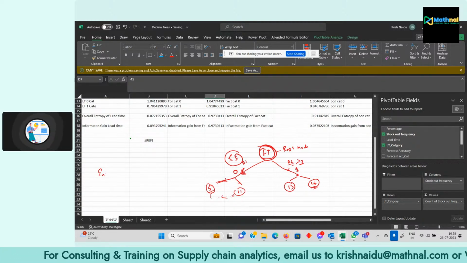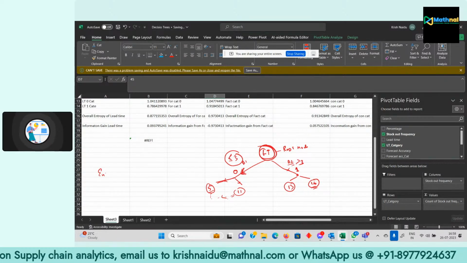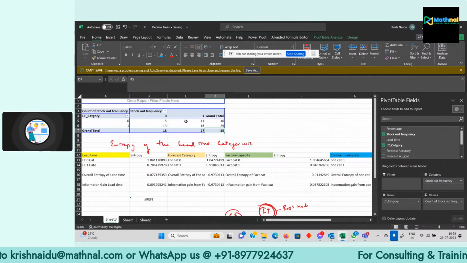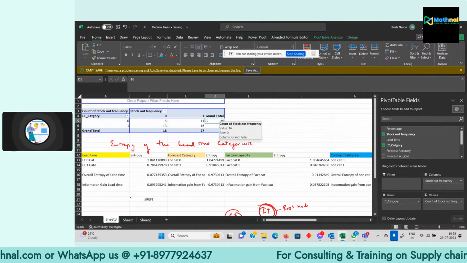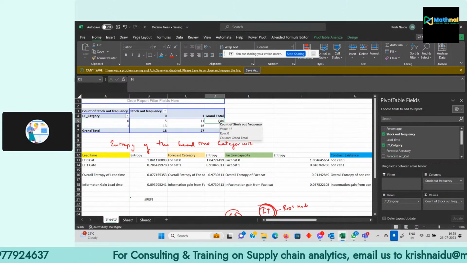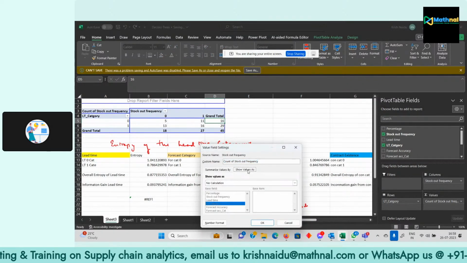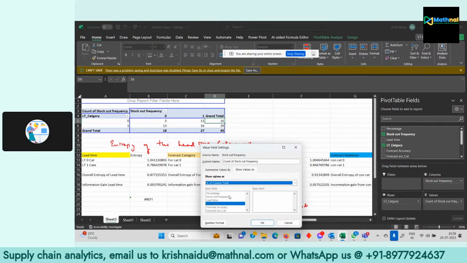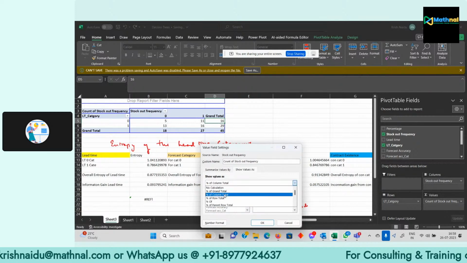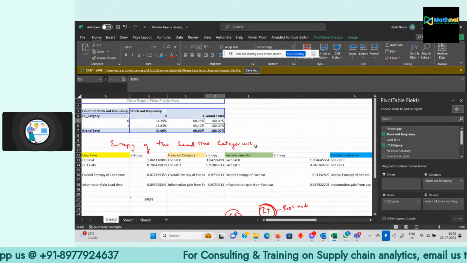Now if you look at here, 5 and 11, there is 31.25%.